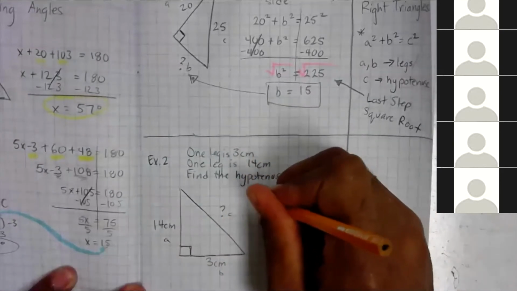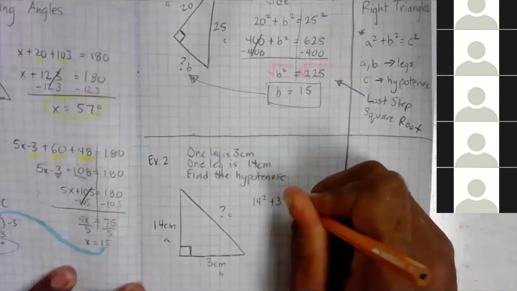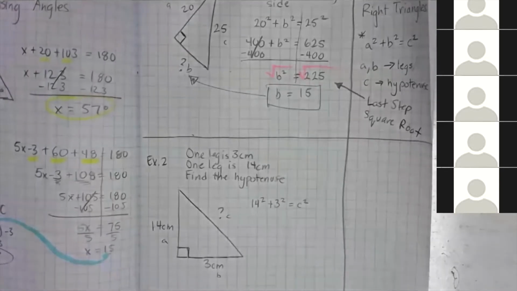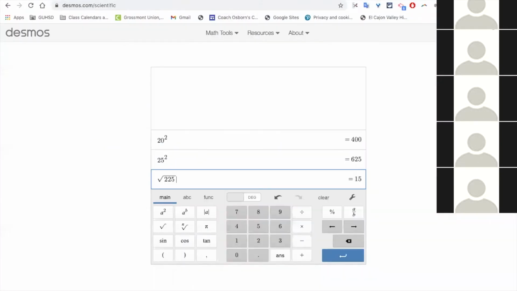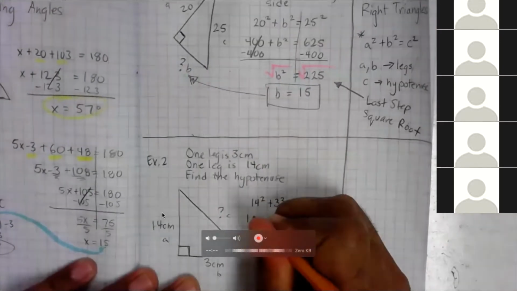So we're going to do 14 squared plus 3 squared equals C squared. And I'm going to do 14 squared over here in Desmos. That's 196. I already know what 3 squared is, 9.